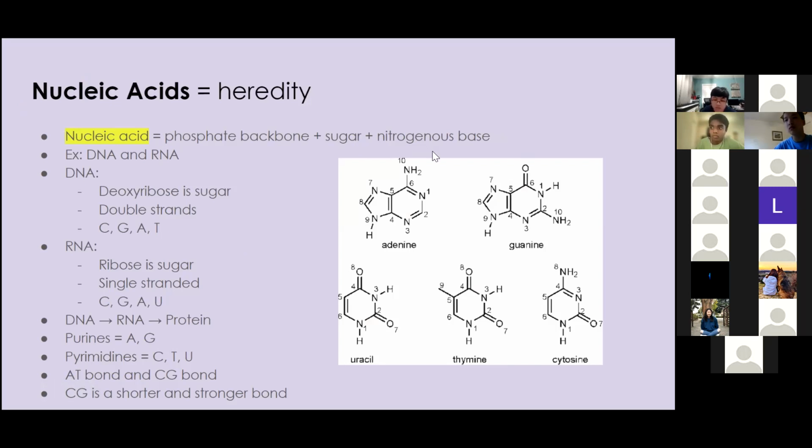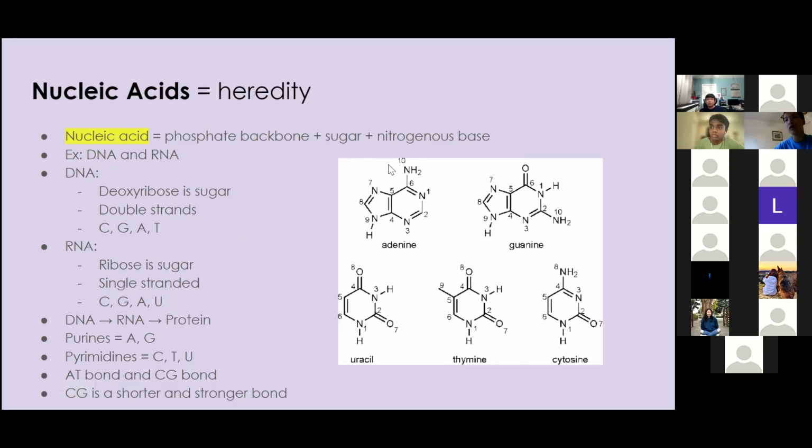So once these three components are there, we can confirm that it's a nucleic acid. And the sugar is the one that differs between the DNA and the RNA. In deoxyribonucleic acid, which is DNA, the sugar is deoxyribose, while in ribonucleic acid, which is RNA, the sugar is just ribose.